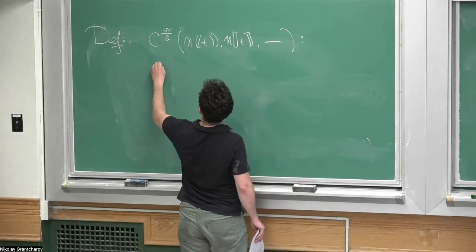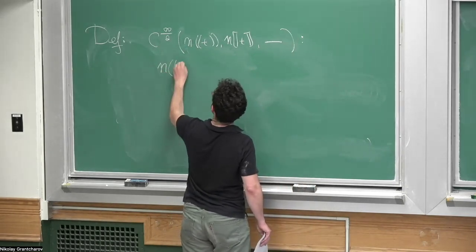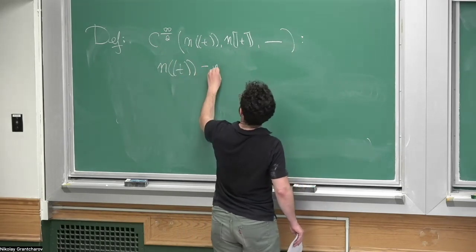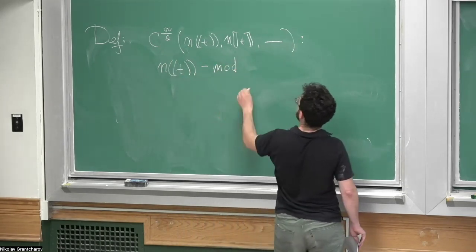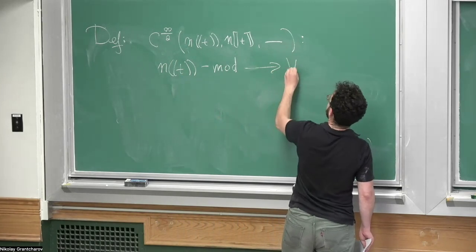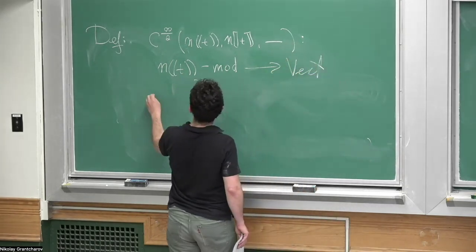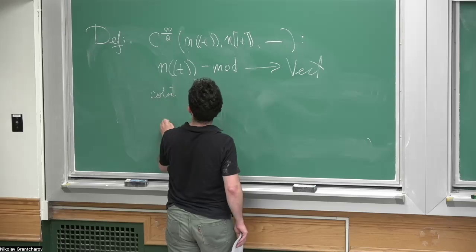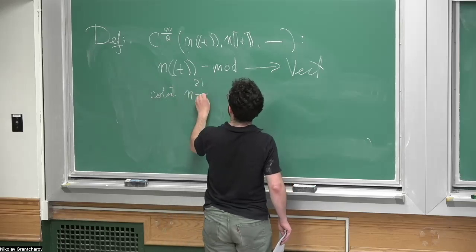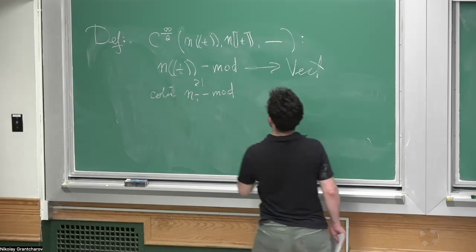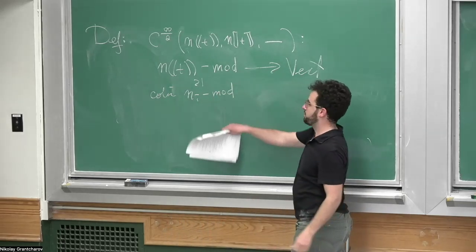This is going to be a functor from modules over the algebra to vector spaces or chain complexes. This is the same as before: colimit over I of N_I modules. So I need to write a functor out of each one of them separately.